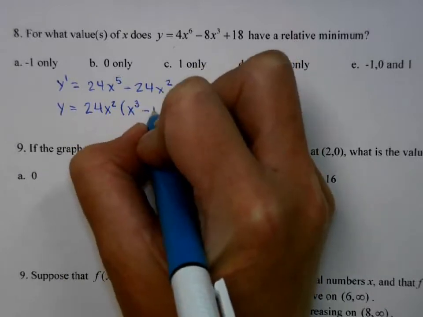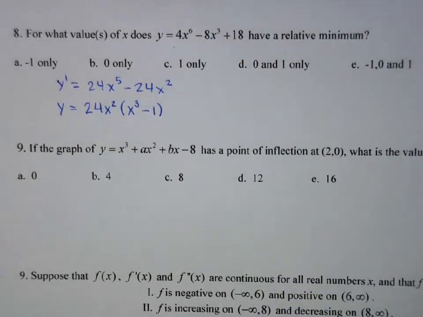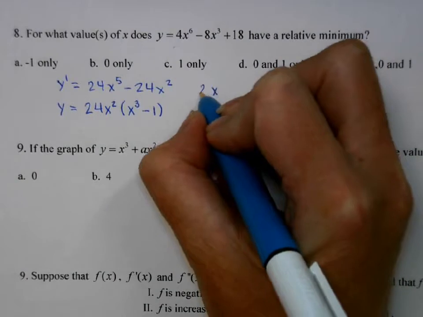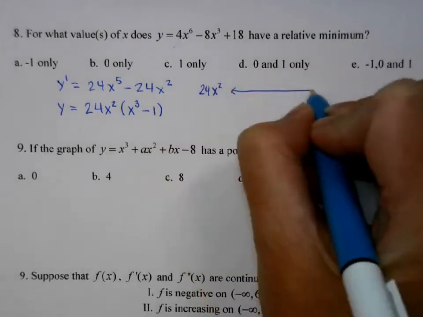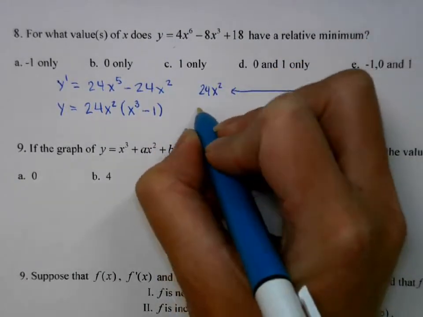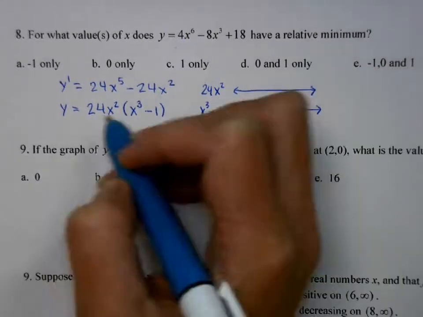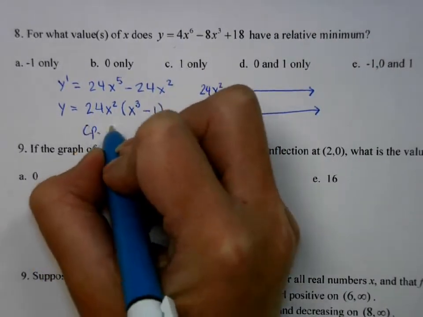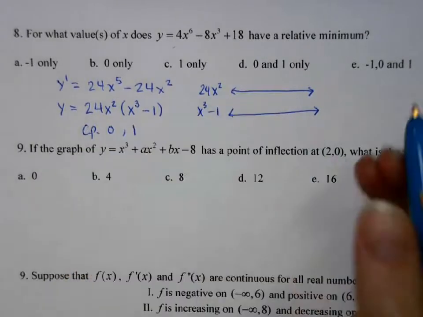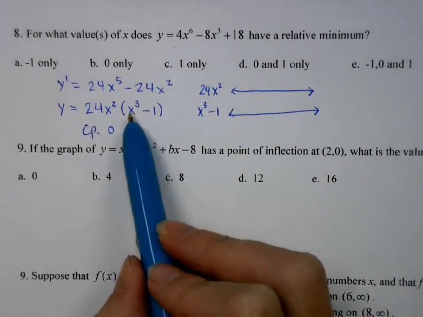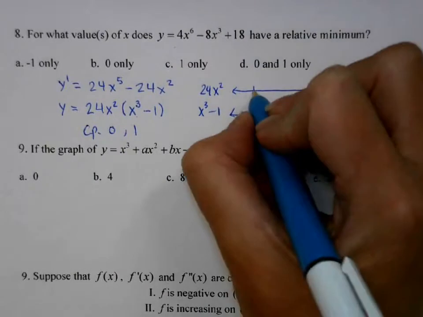So I'll do a number line for 24x squared and a number line for x cubed minus 1. So my critical points here are 0 and 1. Not -1, because -1 cubed would give me a -2 here. So 0 and 1. This is going to go from positive to positive.